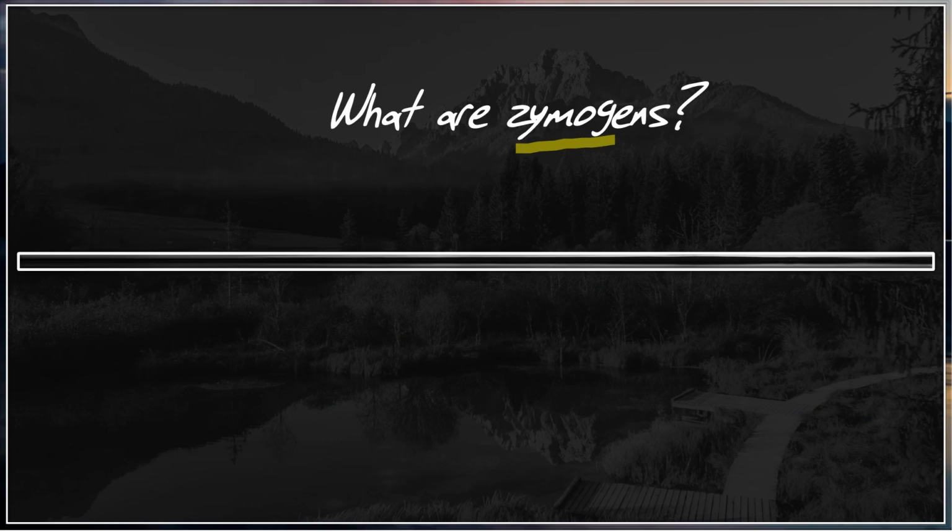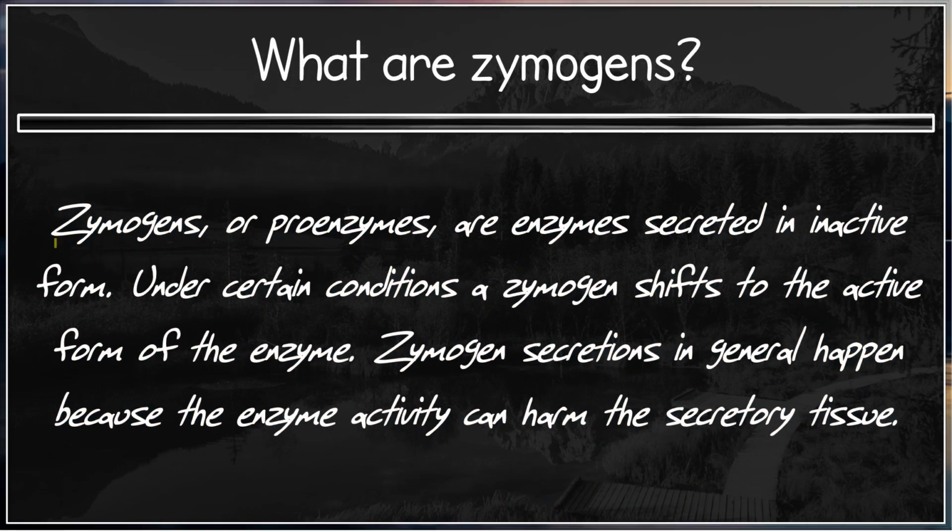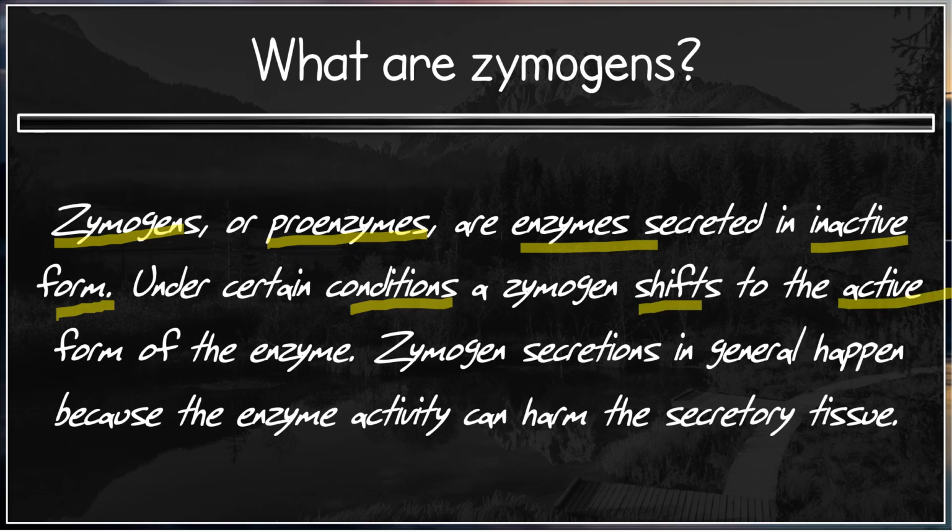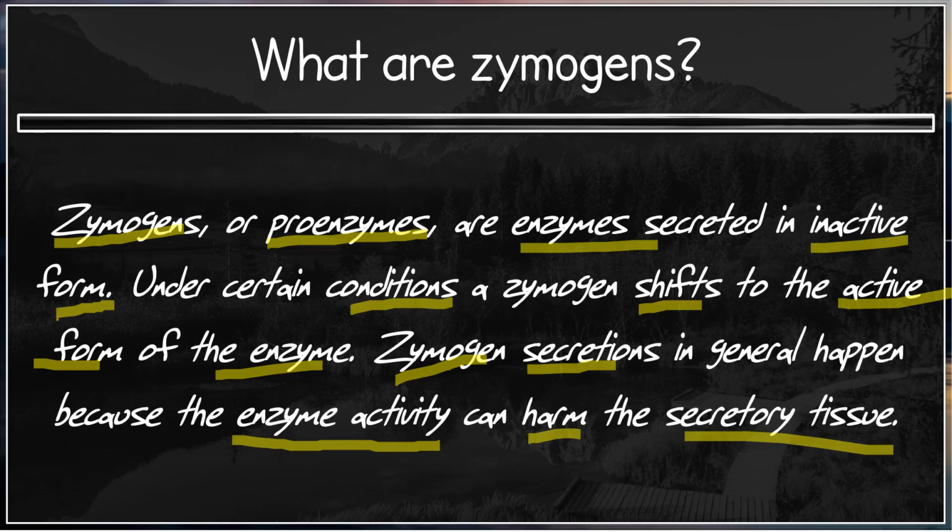What are zymogens? Zymogens, or proenzymes, are enzymes secreted in inactive form. Under certain conditions, zymogens shift to the active form of the enzyme. Zymogen secretion in general happens because the enzyme activity can harm the secretory tissues.